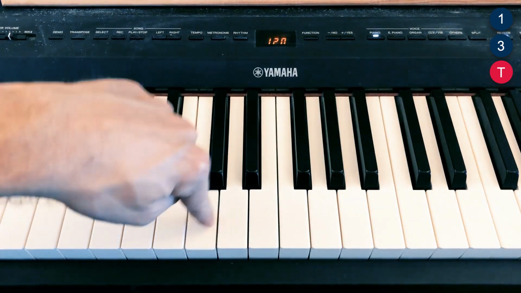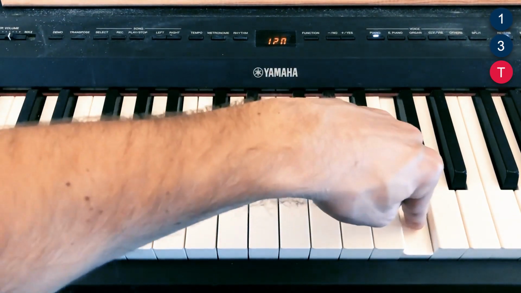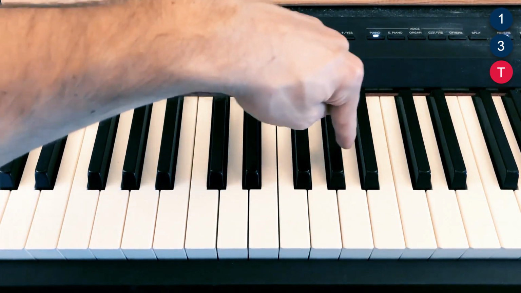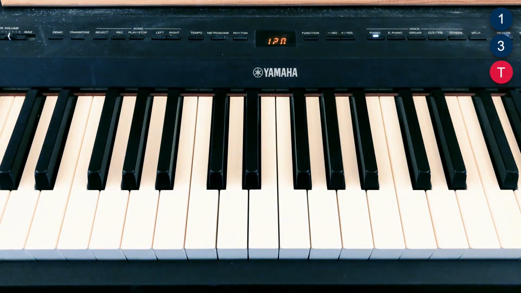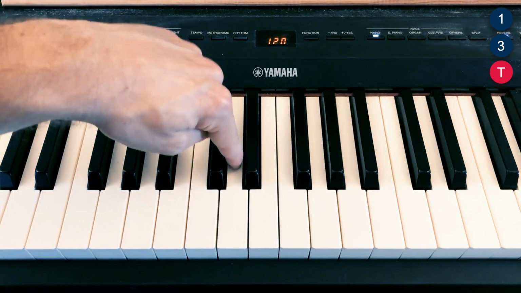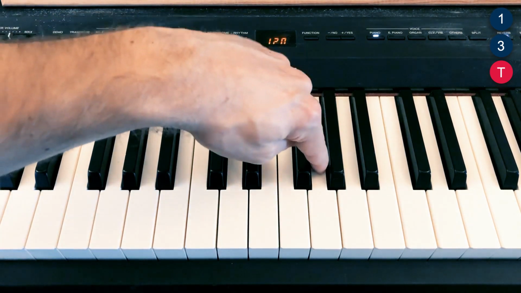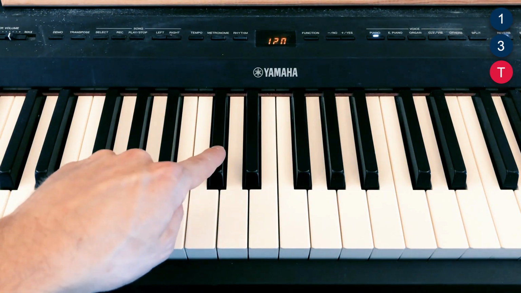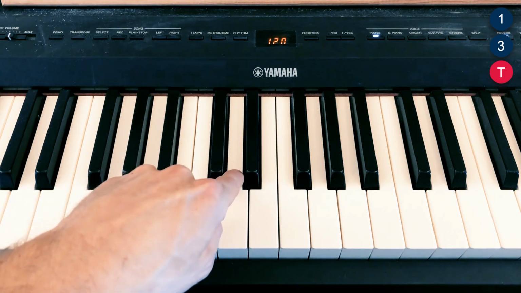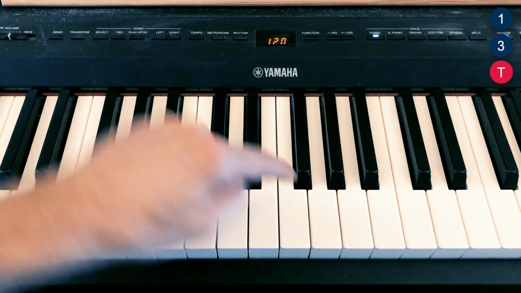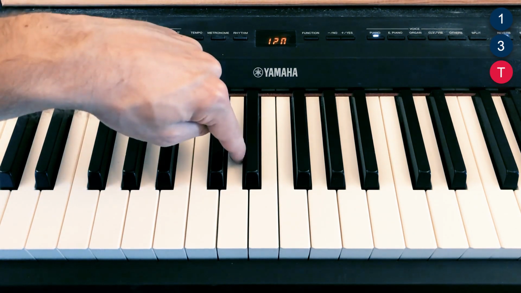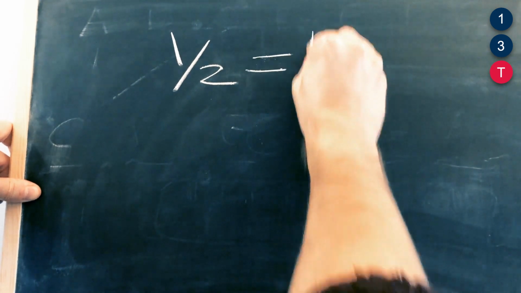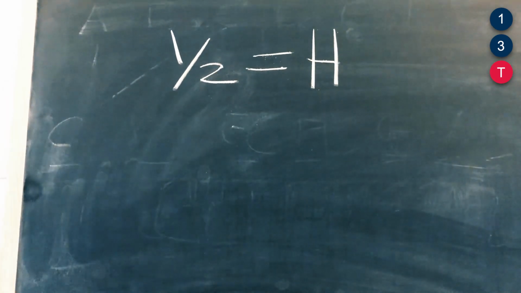If I walk here, it sounds a lot different than when I walk there. So when I do this, I'm playing what we call half notes all the time. It doesn't matter if you go from white to black, from black to white, or from white to white, every time you hit the next note it is half a note. A half note I would like to abbreviate with an H. Half.